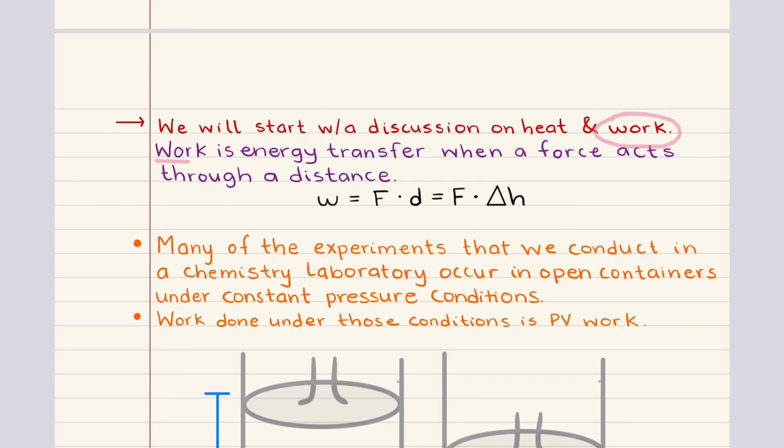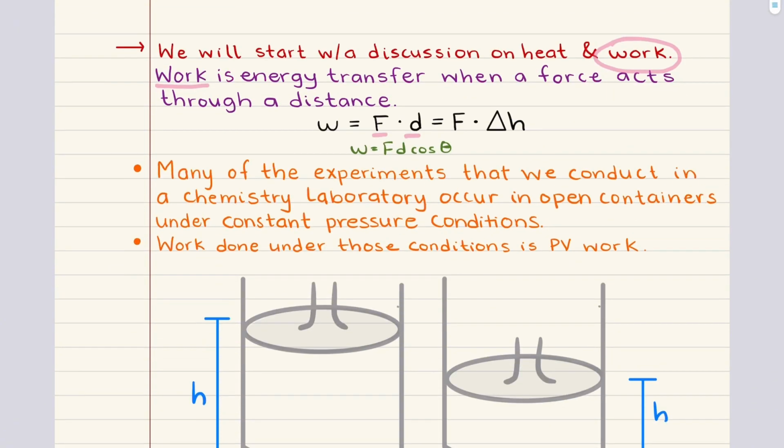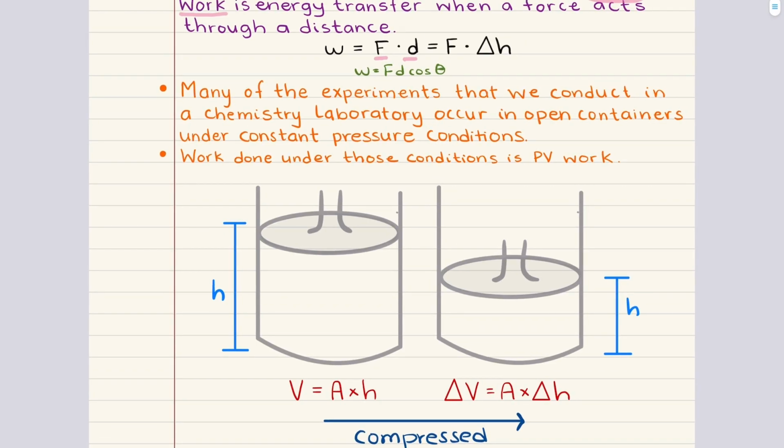Now let's focus specifically on work. In mechanics, work is defined as the dot product of force with displacement. So work equals F D cosine theta. Now, if you imagine a piston with a gas inside, the external force from pressure pushes perfectly along the direction that the piston moves. So the angle is 0 and cosine of 0 is 1.